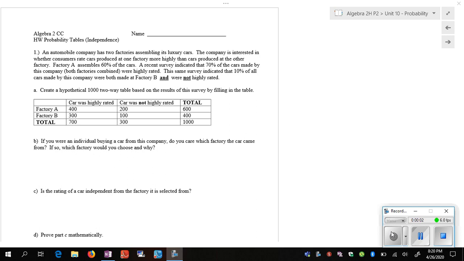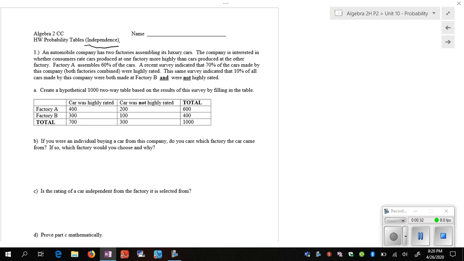Okay, so this video is really encompassing everything we've done with probability, two-way tables, and really starting to focus on this concept of independent events. So we have this scenario here where cars are created at two factories, and the cars can either be rated highly or not highly.